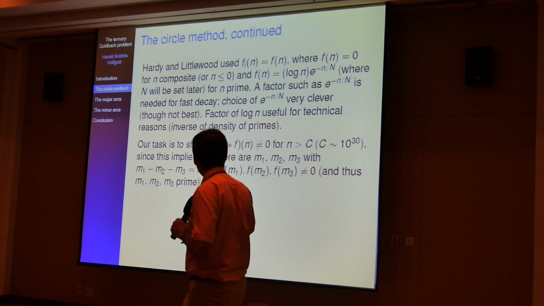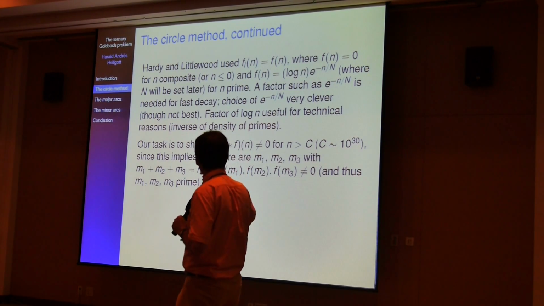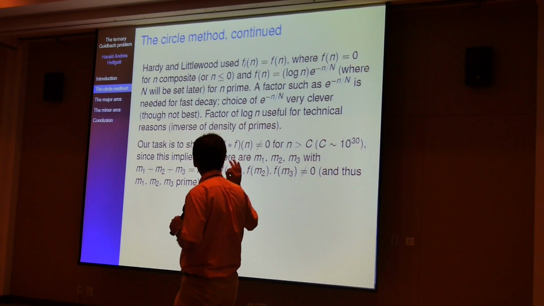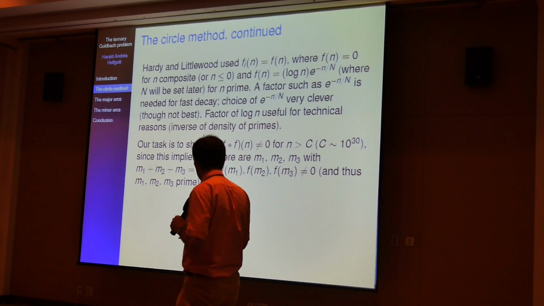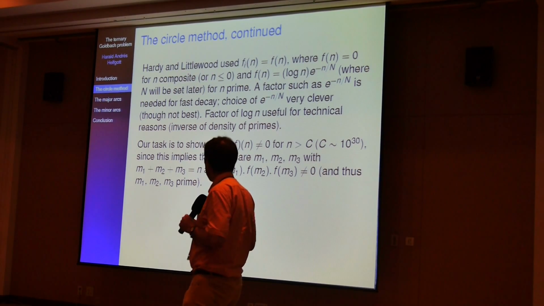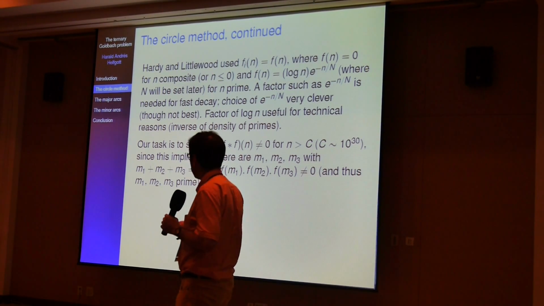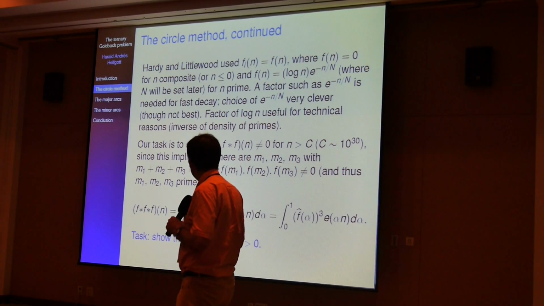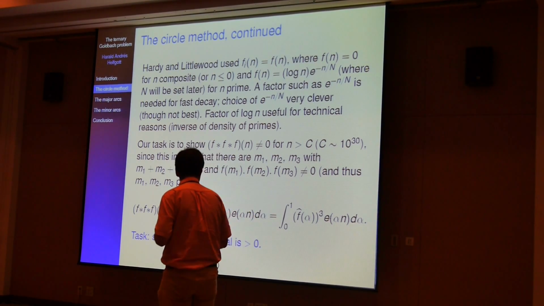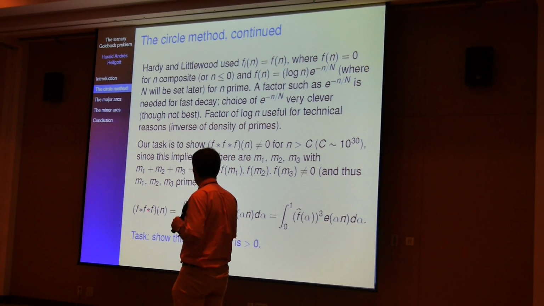All right, so we have to show that these triple convolutions are non-zero when n is bigger than, say, 10 to the 30, for the reason I was saying. That would solve the problem. Now, you can write any function in terms of its Fourier transform, as an integral of its Fourier transform, right? A function is the transform of its transform.